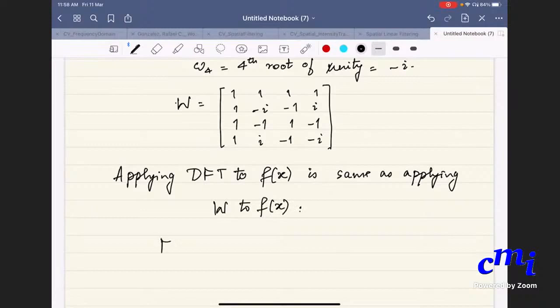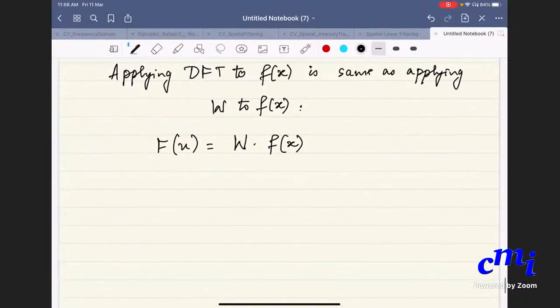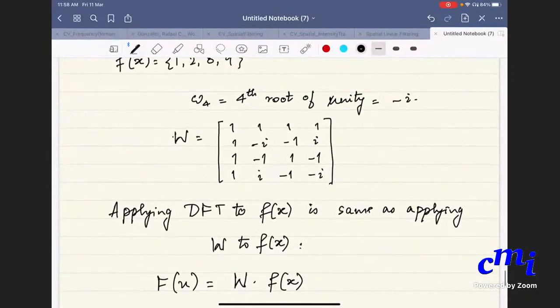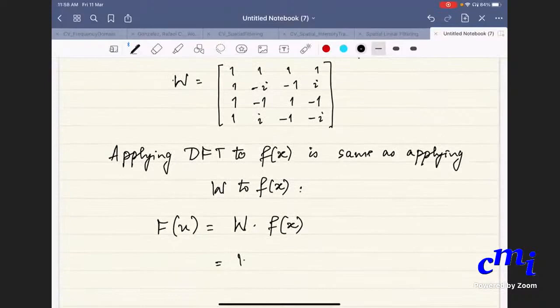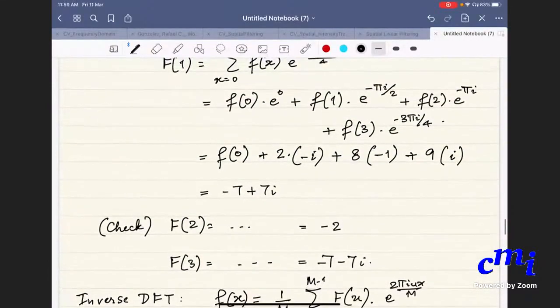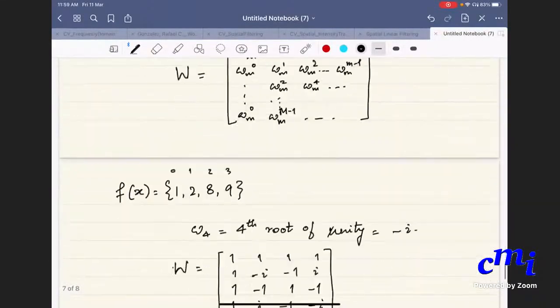So you can say that capital F of u is equal to W times f of x, and you can check that this is true. This matrix W applied to the vector 1, 2, 8, 9 will give you the vector 20, minus 7 plus 7i, minus 2, and minus 7 minus 7i.